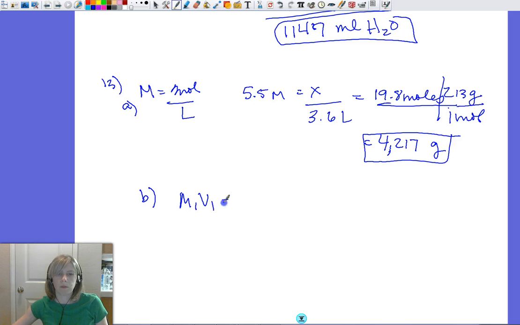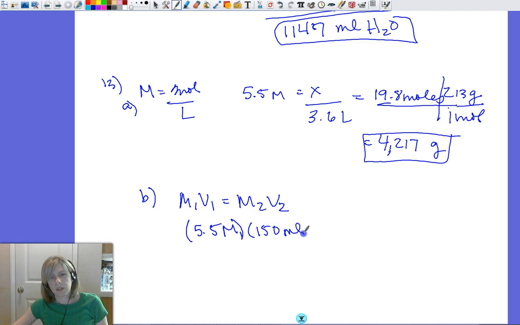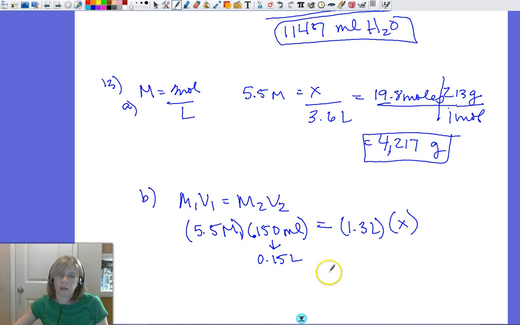So we have our M1V1 equals M2V2. We're starting once again with 5.5 molar, and they want us to start with 150 milliliters, and I'm actually going to convert that into liters, equal to 1.3 liters, and then we're looking for the new molarity.